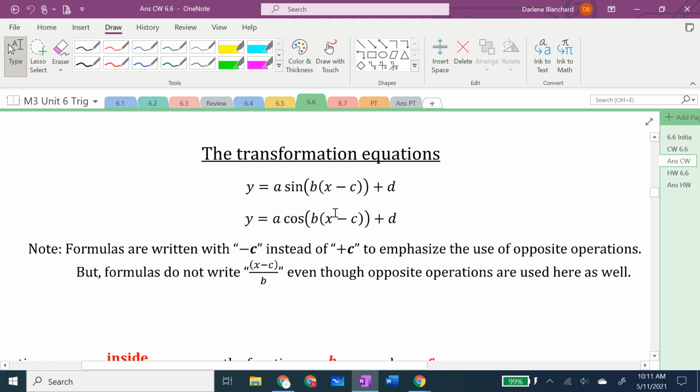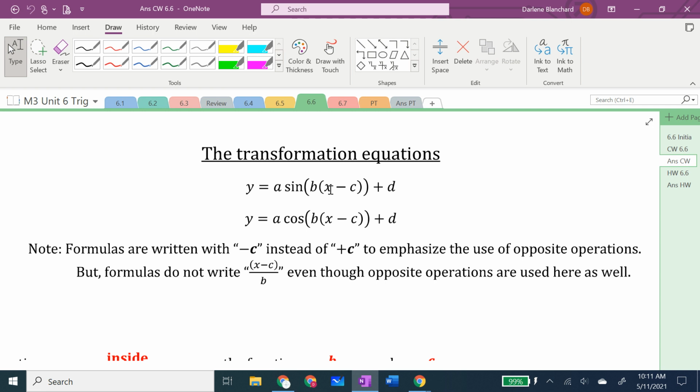But when addition occurs inside the function directly to the input variable x, you have to perform the opposite operation, because you're starting with a parent graph where x has already done its process.